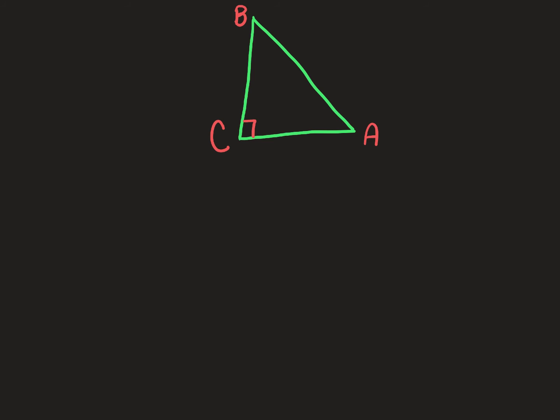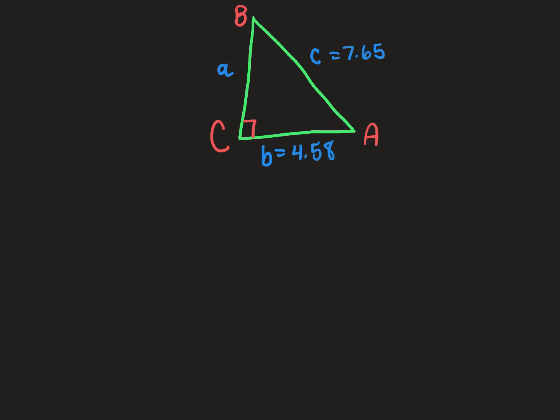In this particular problem, we'll have side A that we don't know, and we're given side B and side C. So we don't know any angles, but we have enough information to find the third side, right? How would we do that? Pythagorean theorem. So let's do that first.